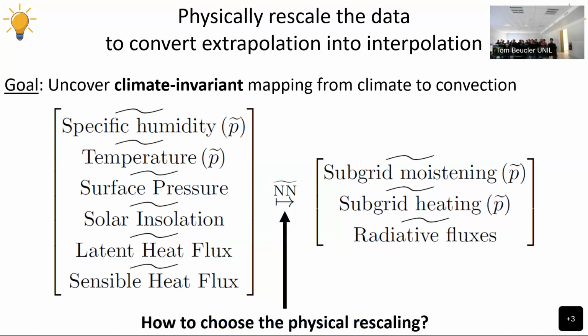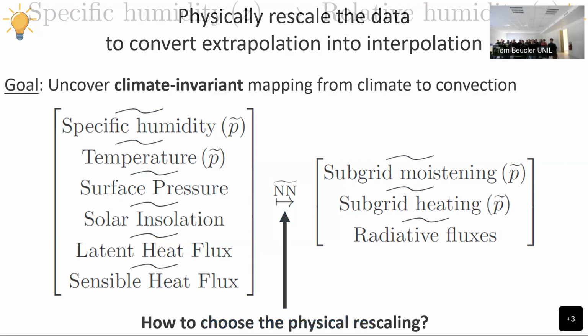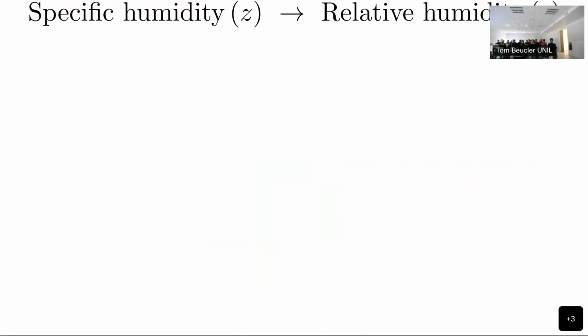So the case for the input that's most problematic in our case, where it's a lot of moist convection, we know that specific humidity, so the mass concentration of water vapor in a given kilogram of dry air, has a distribution that changes a lot with warming.